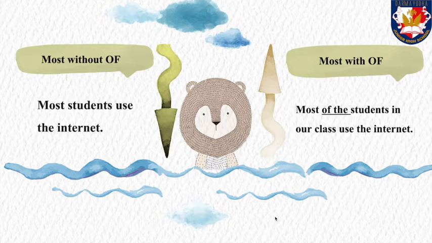Now, after you see these two sentences, can you find any differences? Yes, you were right. We can put of after most when you put the article the. You can see on the right side. So, when you use the in your sentence, you must put of after most.